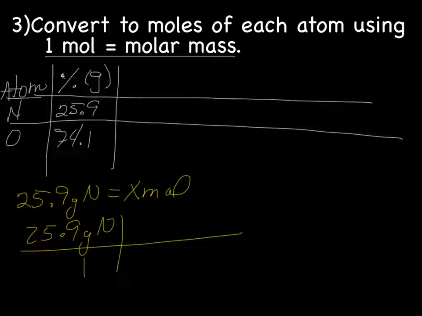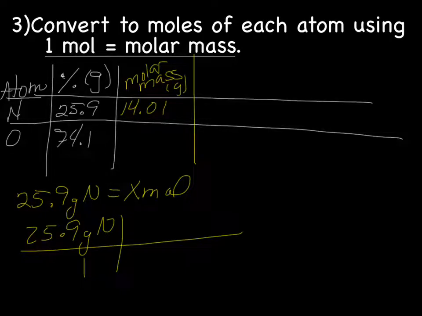So what I would put in the second column is molar mass. Molar mass for nitrogen, we get off the periodic table, is 14.01 grams, and oxygen is 16.00. Okay, so that makes this whole process a lot quicker.